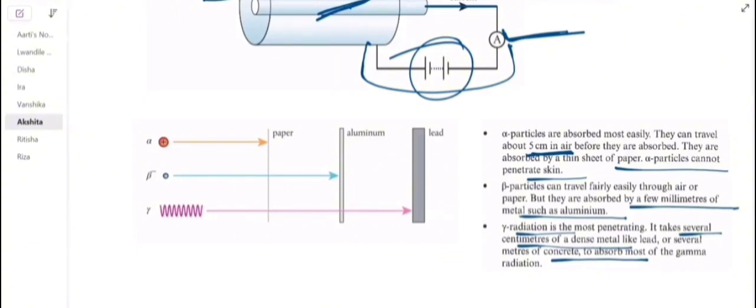Okay, now let me show you the path track of alpha, beta and gamma. So a bubble chamber is created. Okay. Now, bubble chamber is created for what purpose? It's just an alternative method to detect the radioactive particle. That is in the cloud chamber.